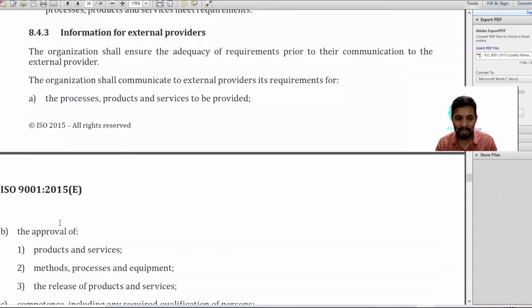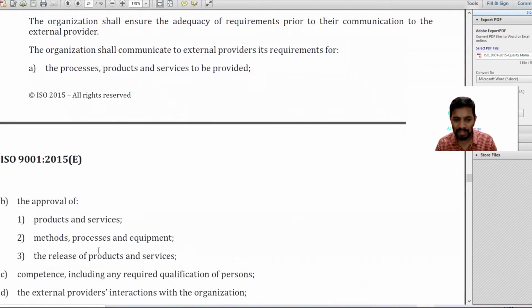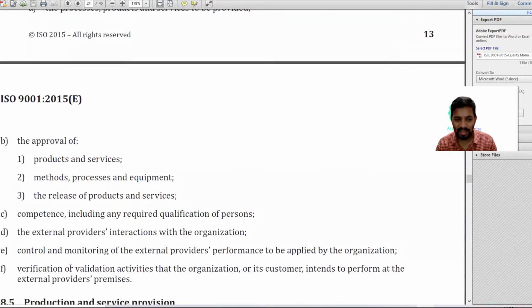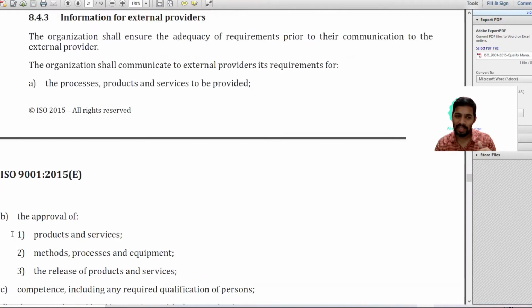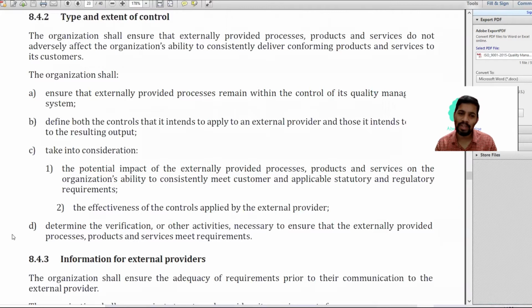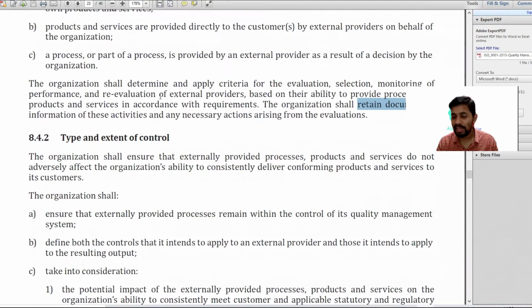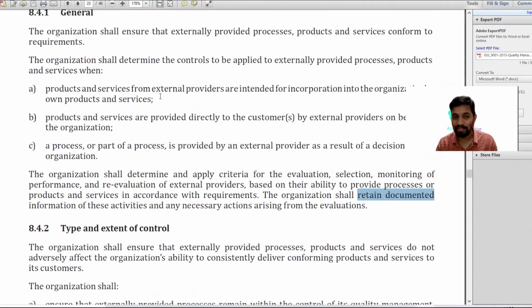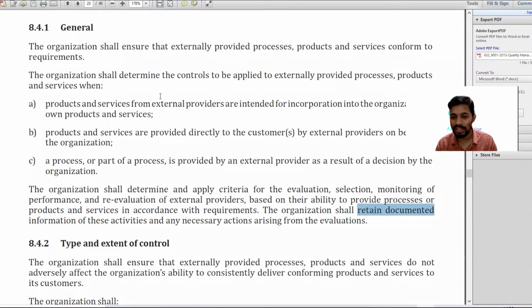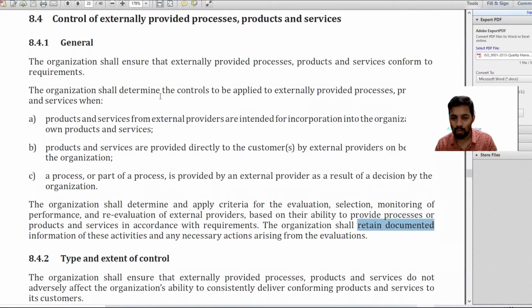For example, the approval of products, services, methods and competence, and the verification and validation activities that the organization or its customer intends to perform at the external provider's premises. In this case, it's a very straightforward scenario where the evaluation itself is not there. They have not done the evaluation of the external provider, that is, the supplier. So I would like to stick with 8.4.1. Why? Because the evaluation itself is not done.